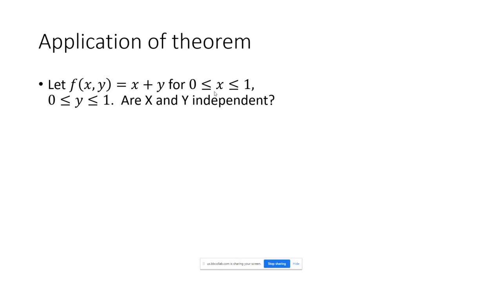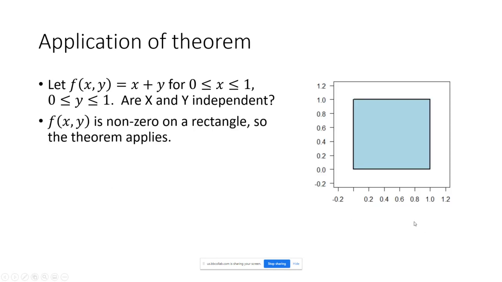So first, we look at the region where the density function is non-zero. So f of x y is non-zero for x between 0 and 1 and y between 0 and 1. So it's non-zero on a rectangle. So that means theorem 5.5 applies. We can use it to figure out whether these random variables are independent.